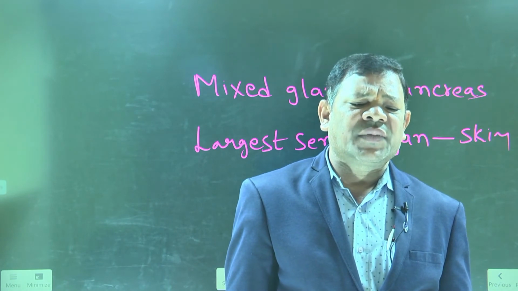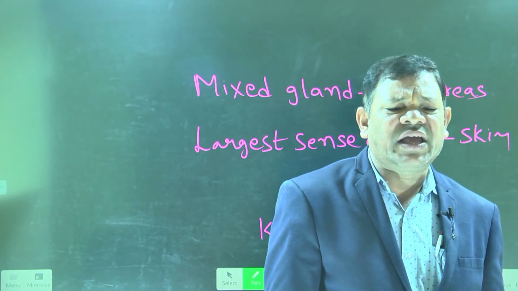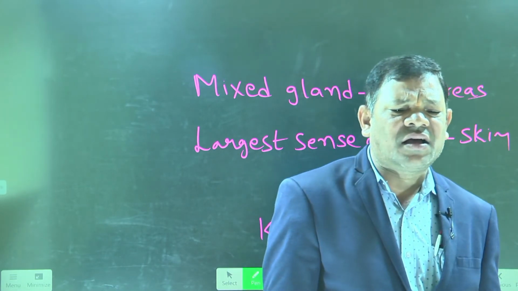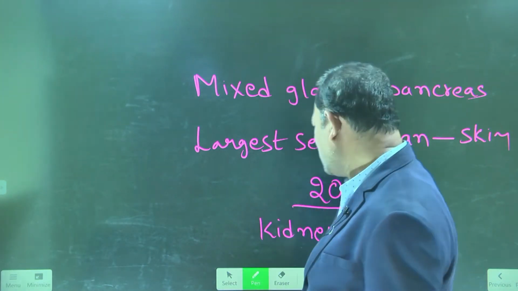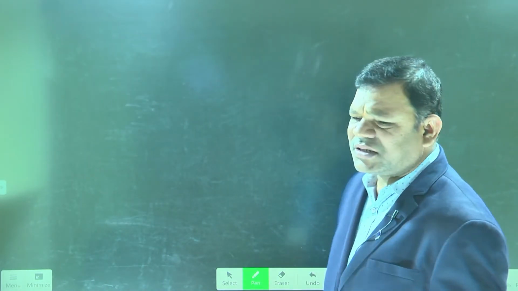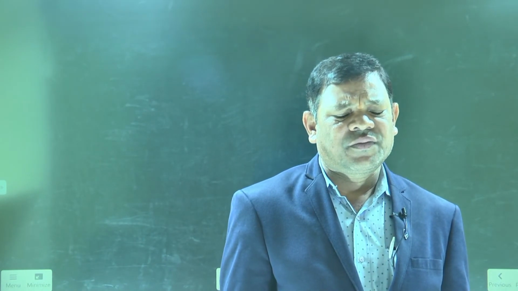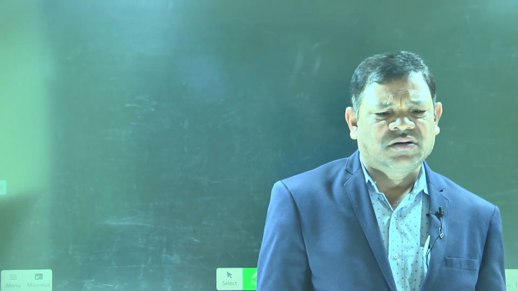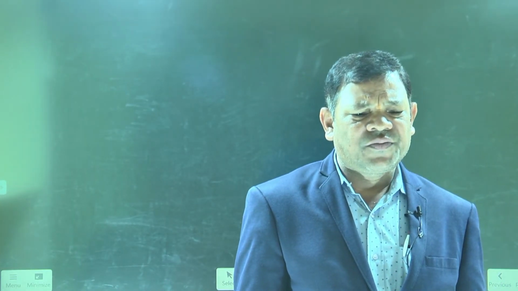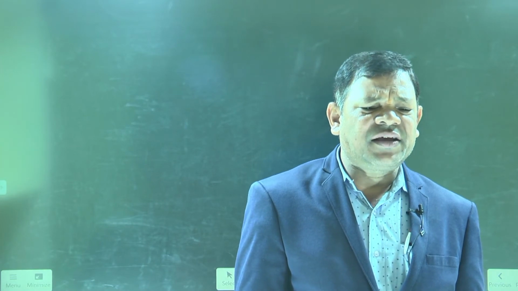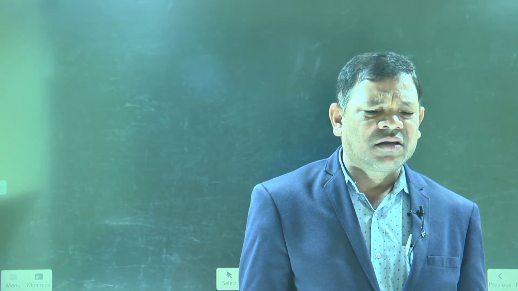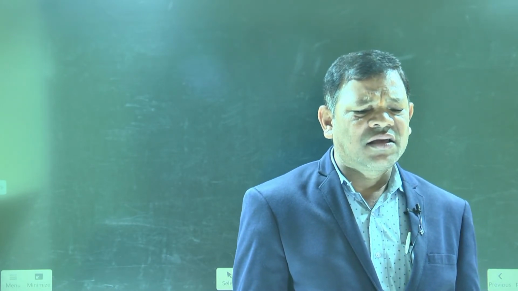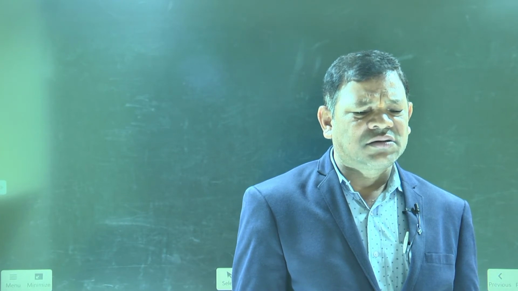What is the respiratory organ in human beings? The respiratory organ is the lungs. The circulatory organ is the heart.